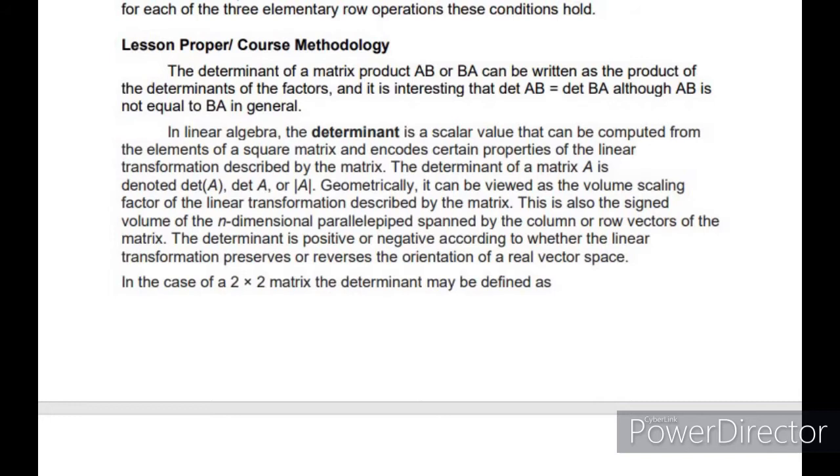So it includes volume scaling. This is also the signed volume of the n-dimensional parallelepiped spanned by the row vectors of the matrix.